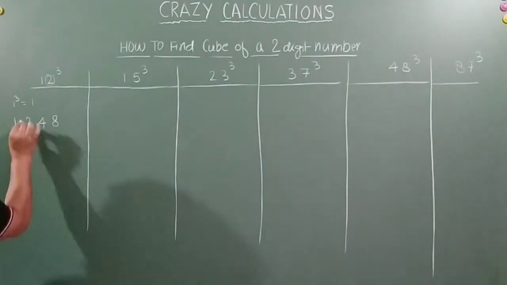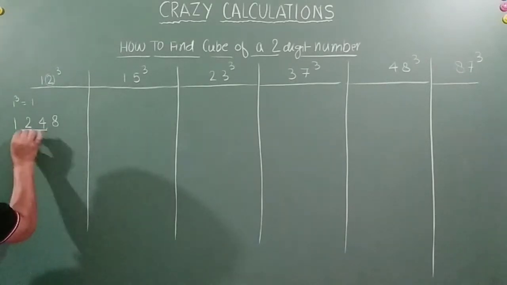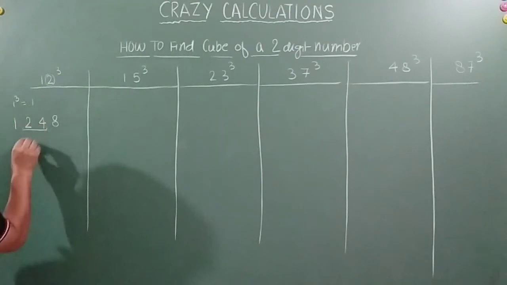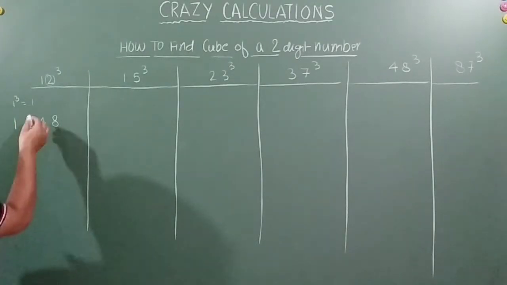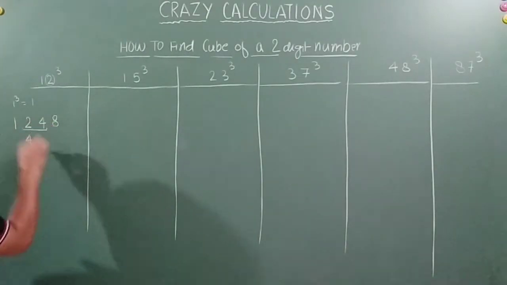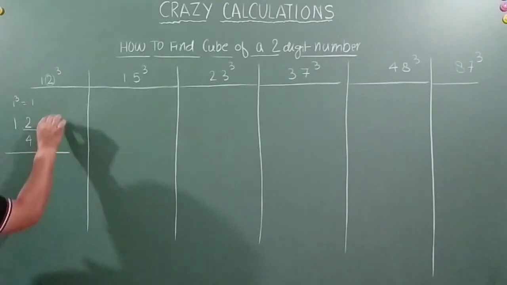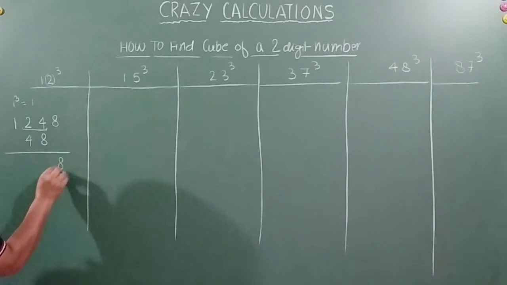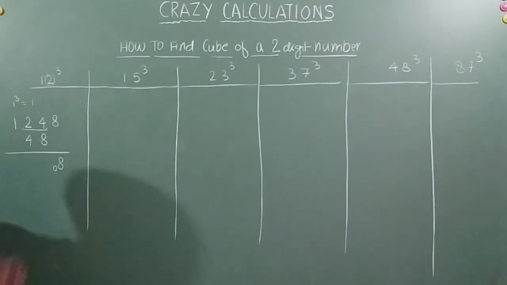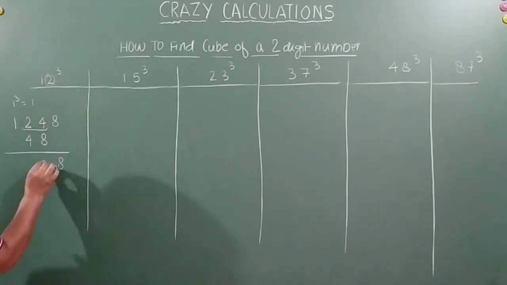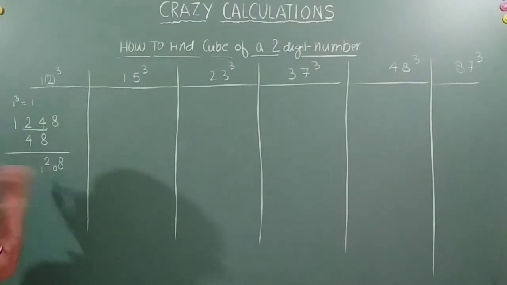Now what I am going to do is double the two middle terms. I am going to double 2 up to 4, and 4 I am going to double up to 8. Now I will write it like this: 8, 0. As you would have seen, we had done earlier, 8 plus 4 is 12, so I will write 2 here and 1 here.